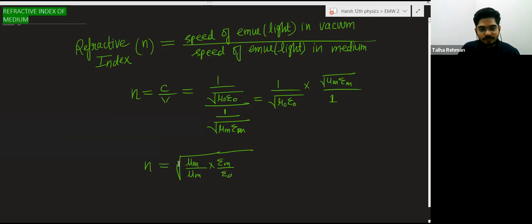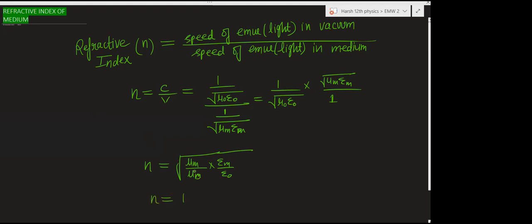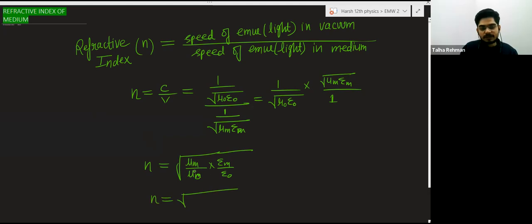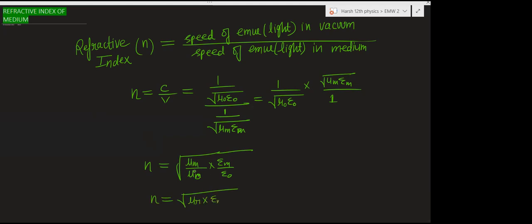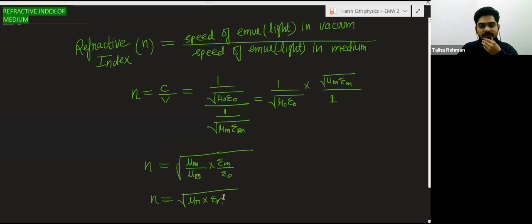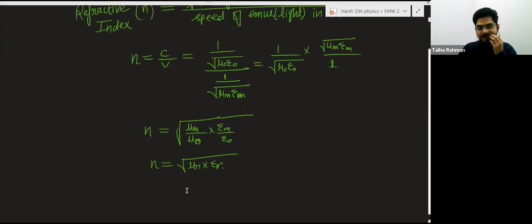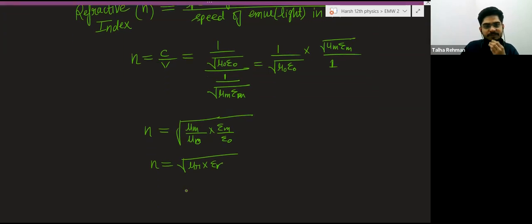What is mu m by mu naught? That is the relative permeability. And epsilon m by epsilon naught is the relative permittivity, right? So basically, this will be the refractive index of the medium.